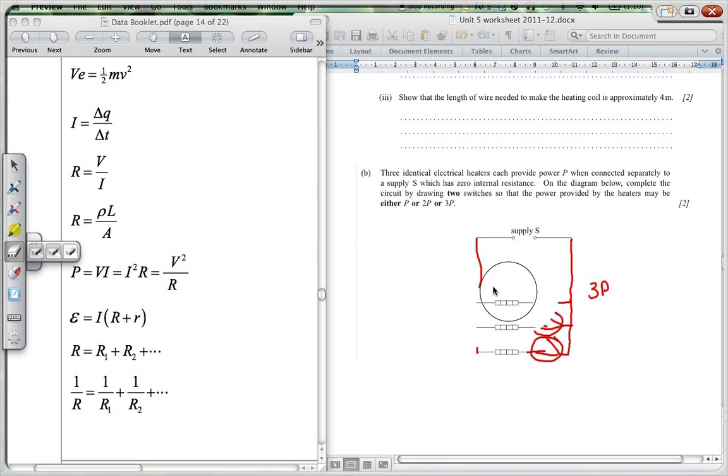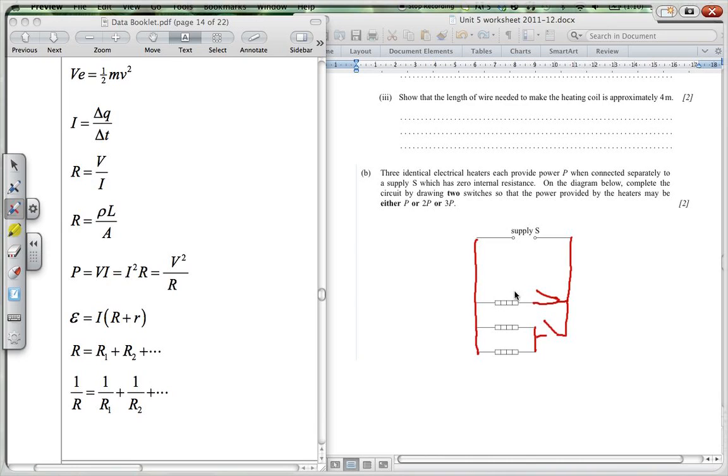You could also do it like this, another way that you could set it up. There are different ways you could do this. You could have your switch coming in like that, and then you could also have another switch like this. You close this switch, and then you would have your lowest power, because you're going to have your highest resistance there.